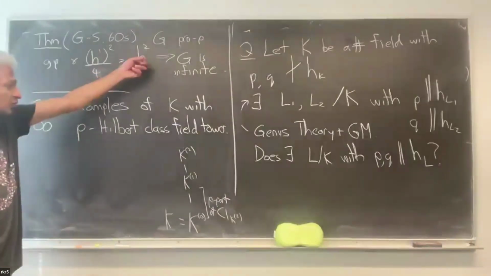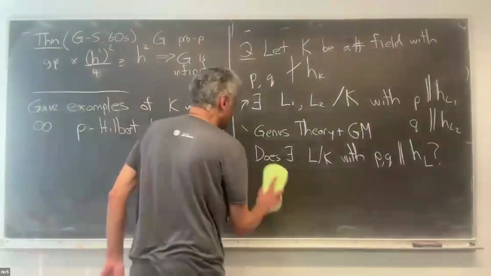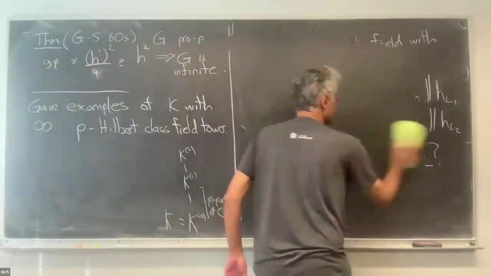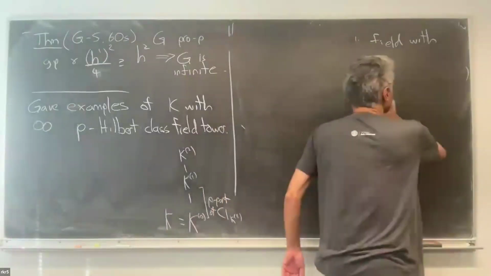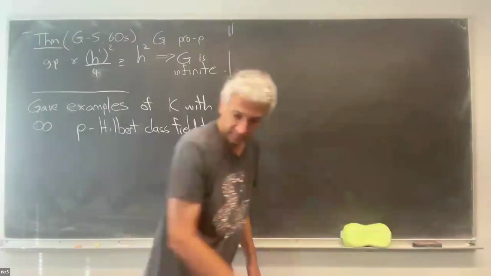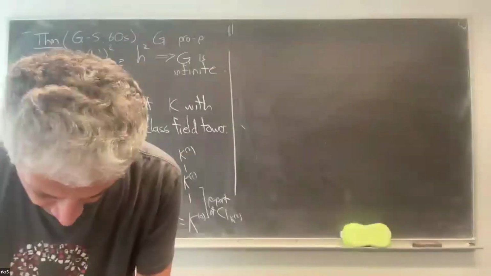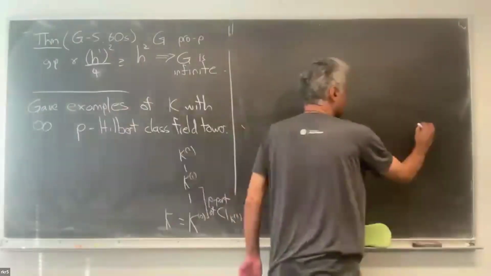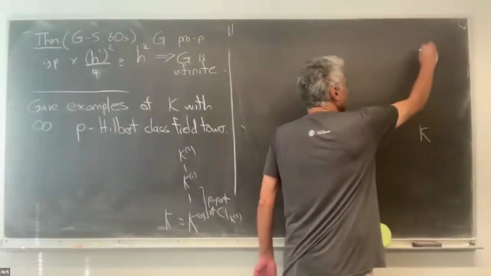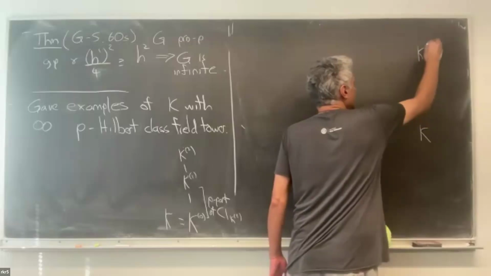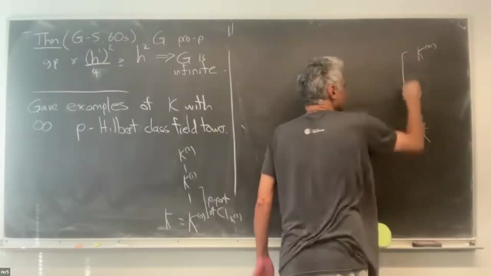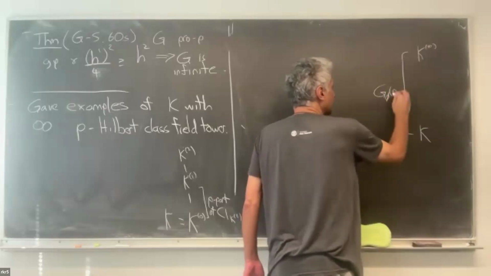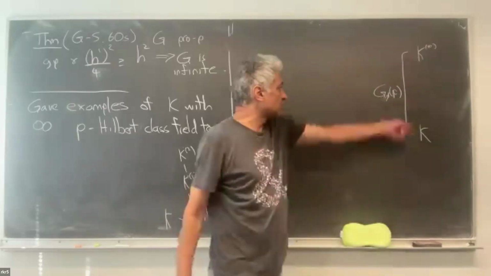That's what they were able to prove, that there were examples of such things, because we have a nice bound for H2 when you're looking at unramified towers. In fact, if you have a number field K and you have K infinity up here, and you have this Galois group, which I'll call G empty set of P. The "of P" means it's a pro-P group.